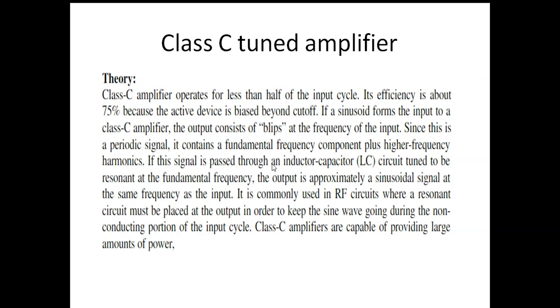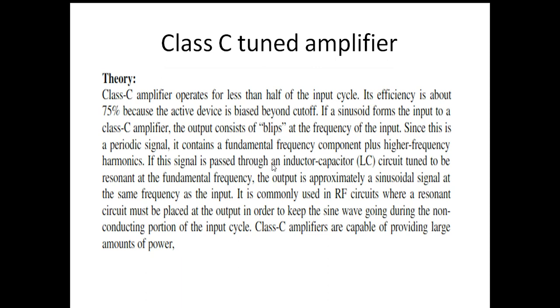Okay, coming to the next one, that is the class C tuned amplifier. In the class C tuned amplifier, this is similar to the class C power amplifier. So what is a class C power amplifier? In the class C power amplifier, the period of conduction will be less than 180 degrees.